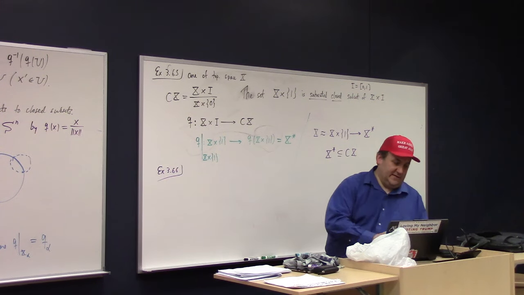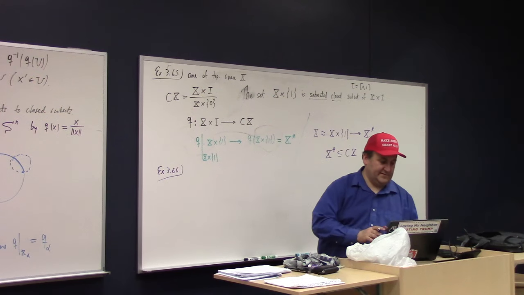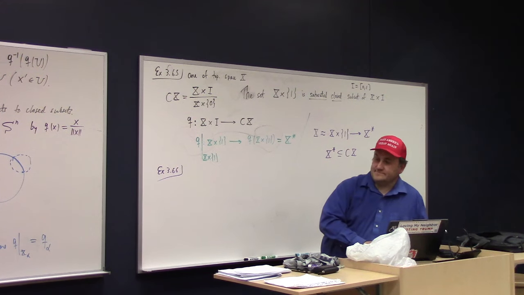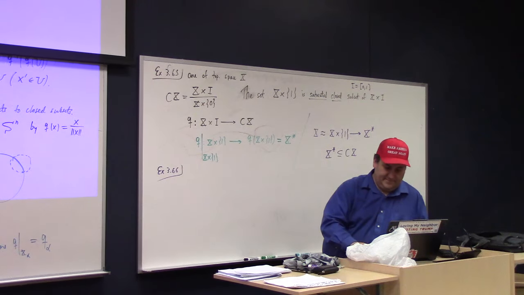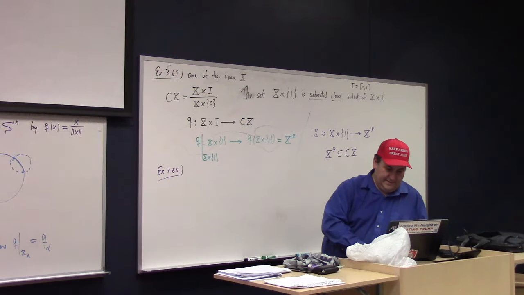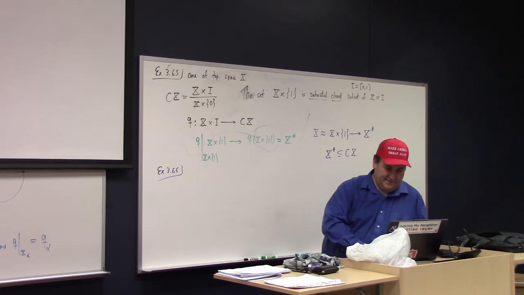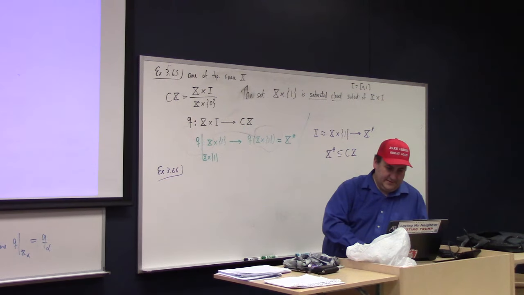Now the question is, can I actually find the scan? I have a very poor scan, sadly. I have some much more nicely written notes on the quotient space, but they're from, I think, Munkres.